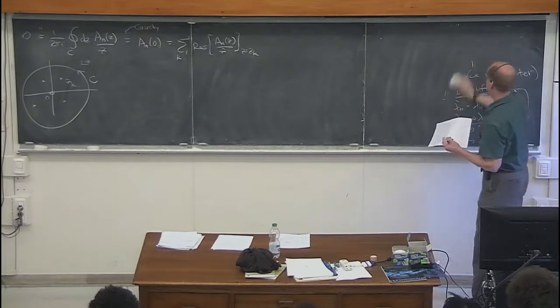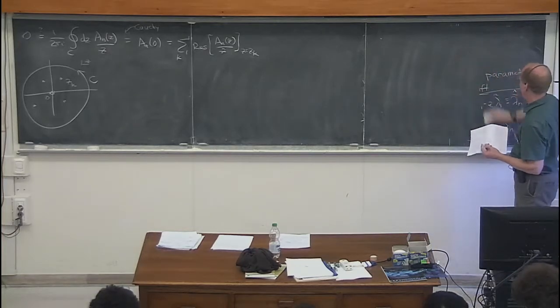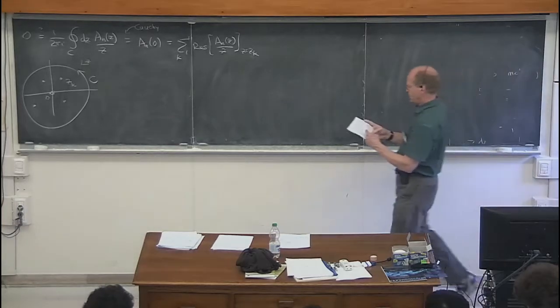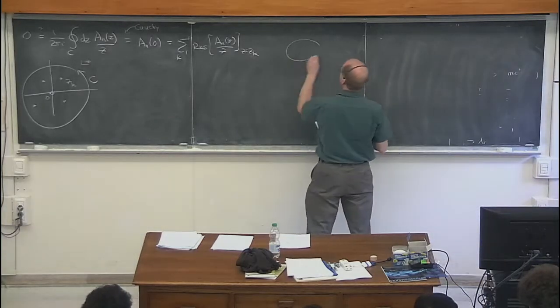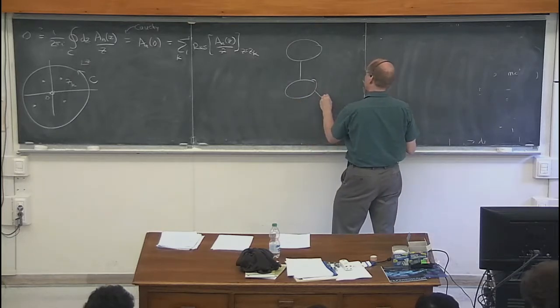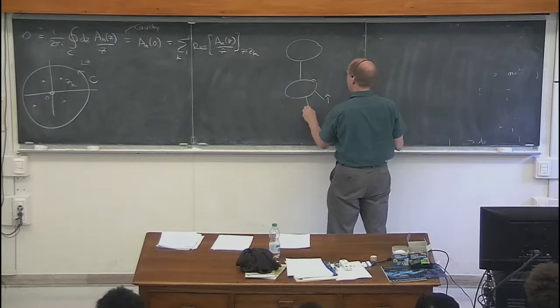And so the poles at finite z, these poles at z_k, must correspond to a diagram like this. This shifted momentum we indicate with a hat.